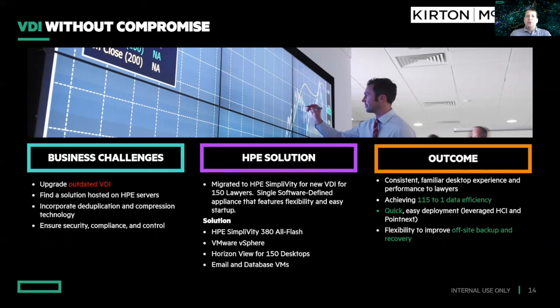The HPE solution was a new VDI environment for 150 lawyers, a single software-defined appliance that provided flexibility and easy startup. The solution was an HPE Simplivity 380 all-flash node with VMware vSphere and Horizon View, and we were running email and database VMs in conjunction with their desktop environment.